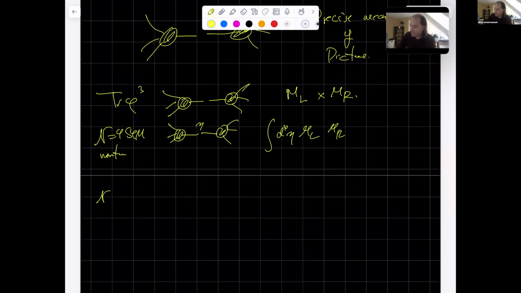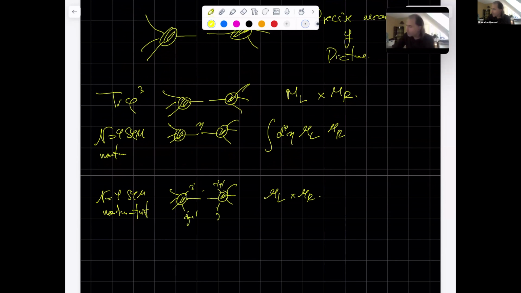Finally, when we do N=4 super Yang-Mills in momentum twistor space, then again, the meaning of this formula is a little different still. The integral is gone, famously. We're still left with M left times M right, but if these indices are i+1, j, j+1, we're also left with a little factor here, which is the 4-particle R invariant that tells you something about the way these points in twistor space are organized on the plane where i, i+1 and j, j+1 intersect each other.